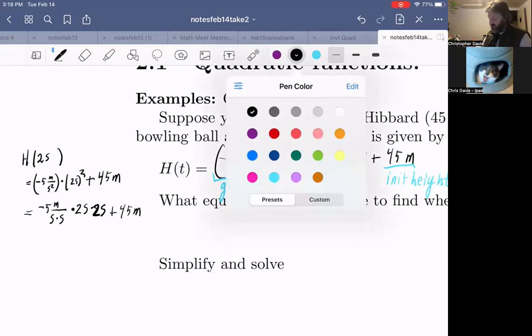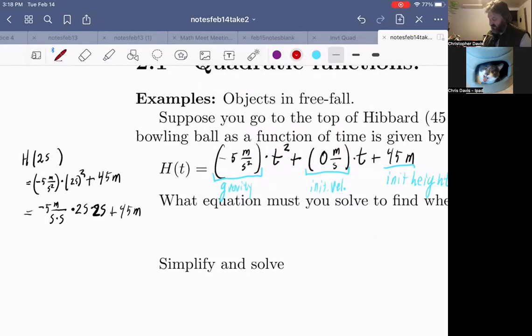Some things you notice straight away: I see division by s twice and multiplication by s twice. Oh, cool, those undo each other.